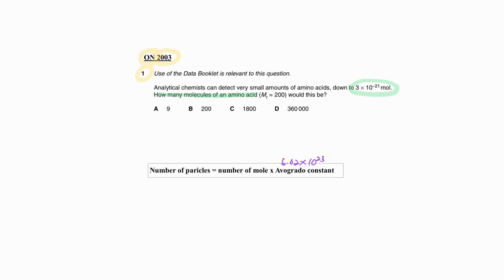This figure here, where they give us Mr 200, we actually do not need this for the calculation. The question here is just to confuse us. So we can just take 3 times 10 to the power of negative 21, the moles of the amino acid, multiplied by the Avogadro constant, which is 6.02 times 10 to the power of 23.